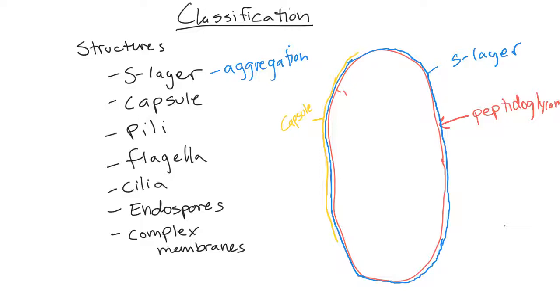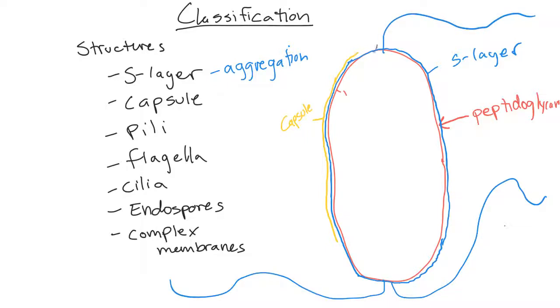Some of these pili, flagella, and cilia look similar, but have different functions. So flagella are generally really long, okay? And they may have multiple flagella coming out of different points. So they may even have flagella on both sides. But the flagella is for locomotion, moving around.